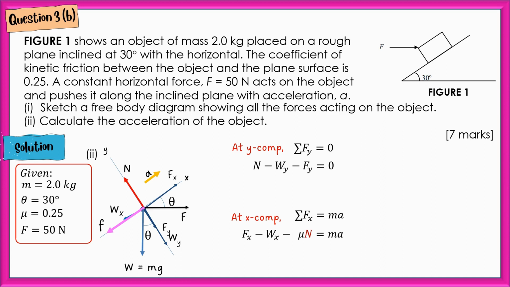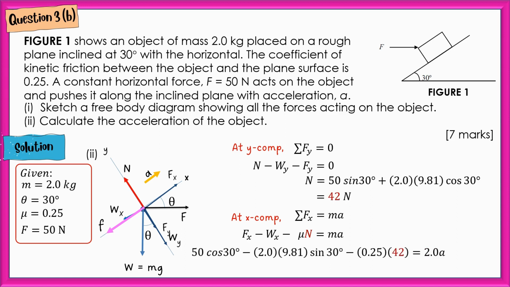So we get N minus Wy minus Fy is equal to 0. When you substitute the values, where Wy is 2 times 9.81 cos 30, and Fy is 50 sin 30, you get N is equal to 42. Substitute in the equation at the x component, and you can calculate a. The acceleration of the object is equal to 11.5 meter per second.